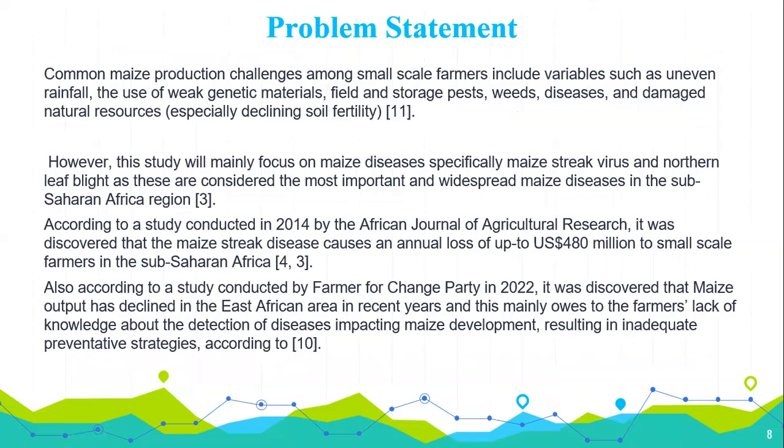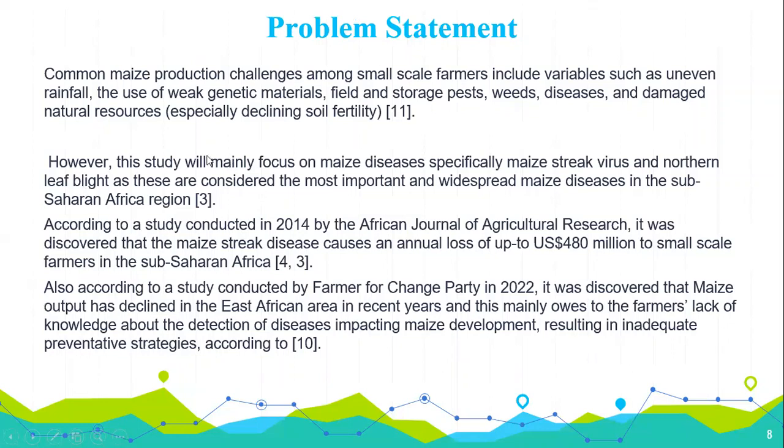Now, the problem statement. Like how we have seen in the background, the common maize production challenges among small-scale farmers include variables like uneven rainfall, the use of weak genetic materials, the field and storage pests, and also weeds and diseases and damaged natural resources, and these occur mainly due to decline in soil fertility, as we have cited there.